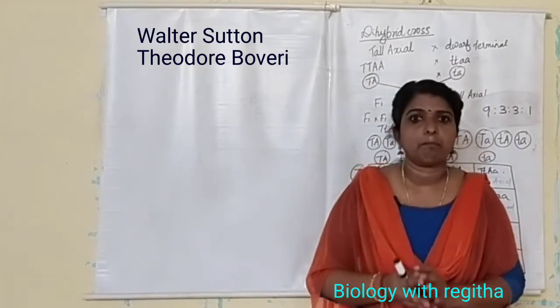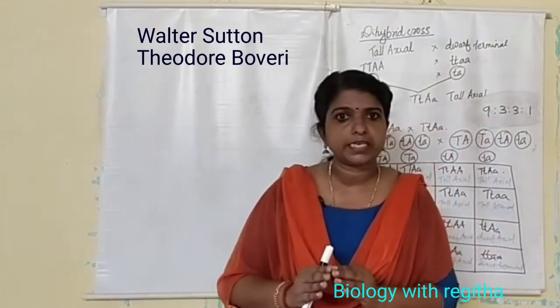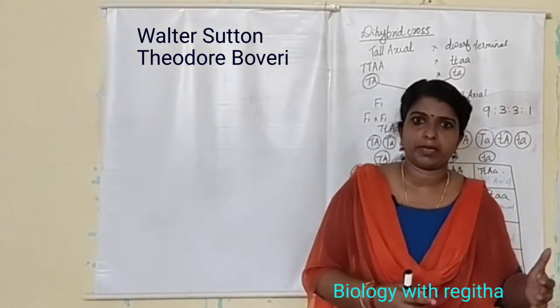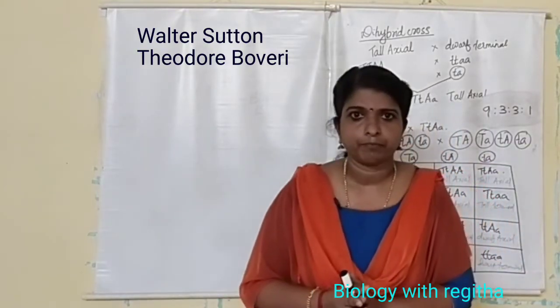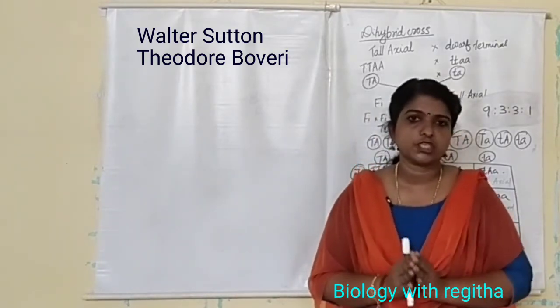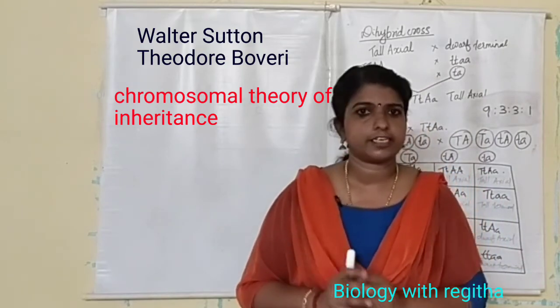And they combined the results of the Mendelian principles with what they observed on chromosomal behavior. They combined both these things together, and that is known as the chromosomal theory of inheritance.